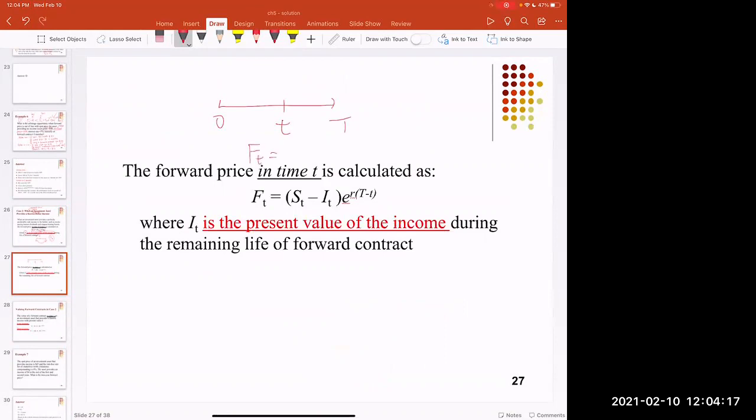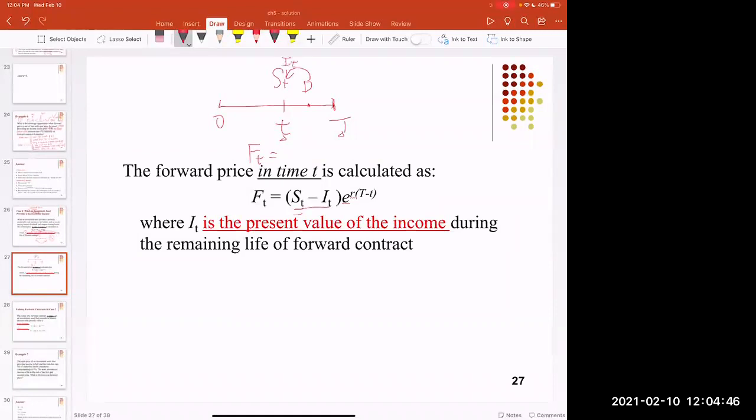Similar to case 1, we have ST, the spot price at time t, and also if there is a dividend after small t but before capital T, we need to discount the income back to t, there is It.